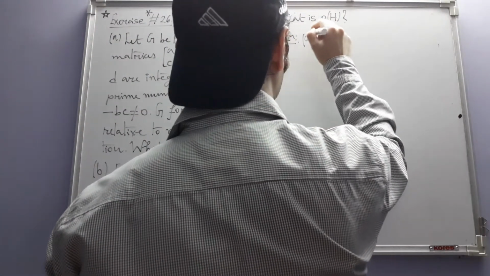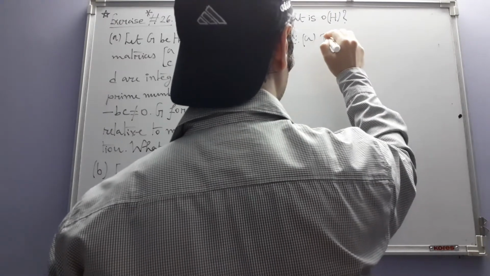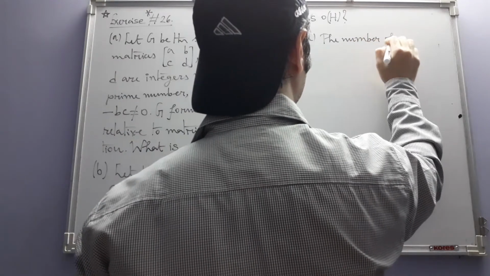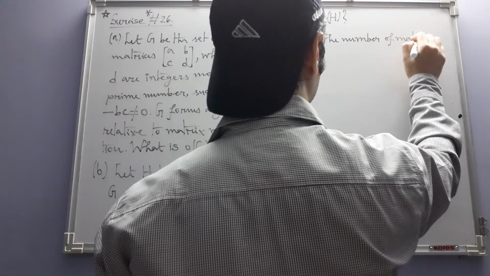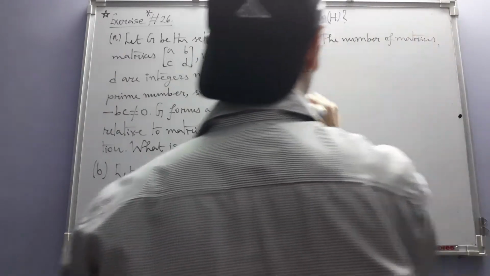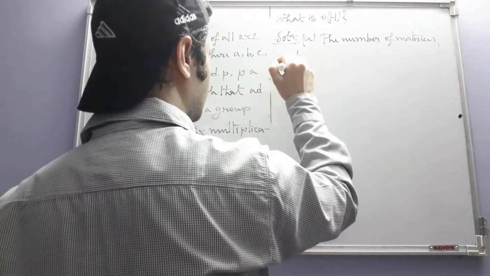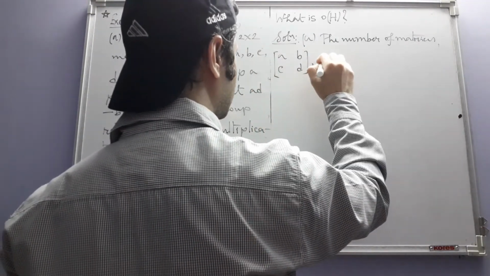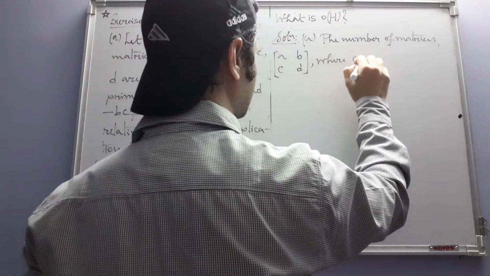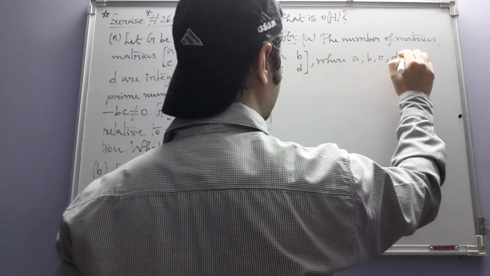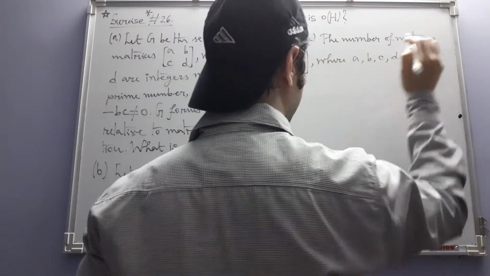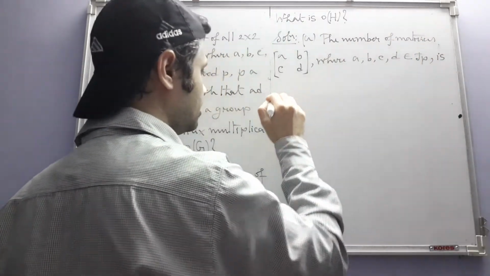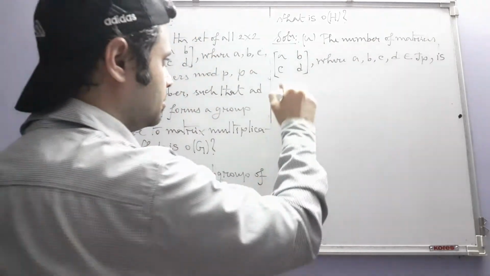So part A. The number of matrices A, B, C, D, where the entries are coming from Z_P, the integers modulo P, by now you already know, there are P choices in Z_P.